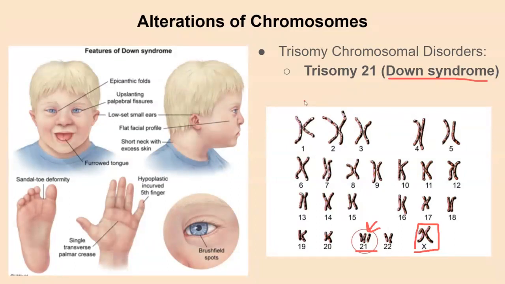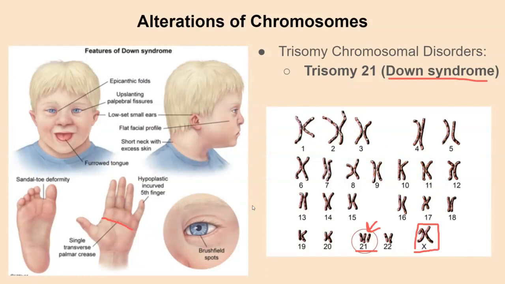It can cause small, low-set ears, a very round, moon-shaped face, and it can also cause large, flat palms with one large palm crease, and some other defects like a higher incidence of obesity and a higher incidence of heart disease. But a person with Down syndrome can grow to adulthood and live a full, fulfilling life.